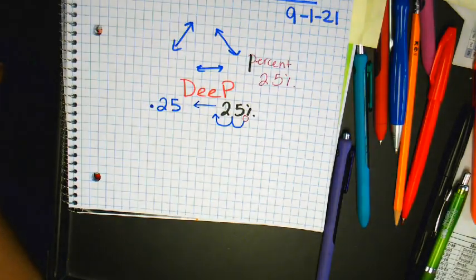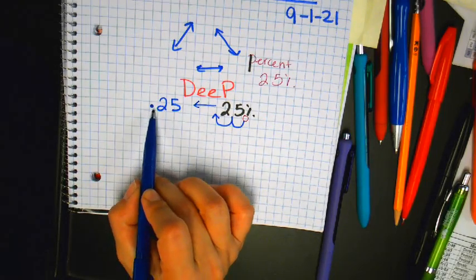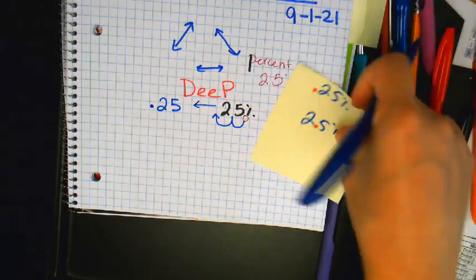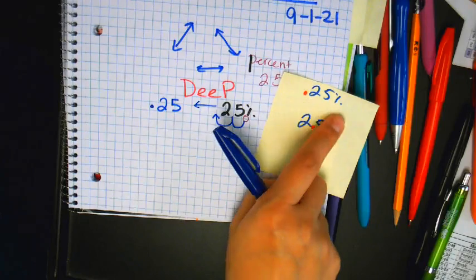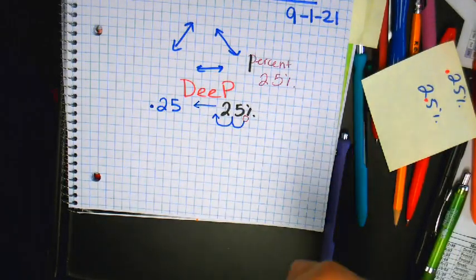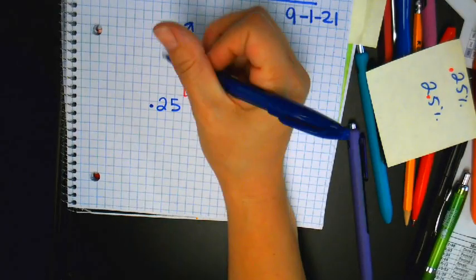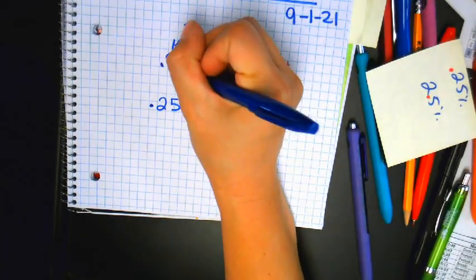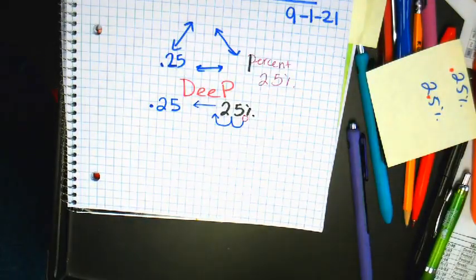So now you move it to the front, and my answer is 0.25. But Miss Amelie, you said it shouldn't be in the front. Correct. This is a percent, so it's different. So this is my decimal, 0.25. So we're going backwards 2 times.